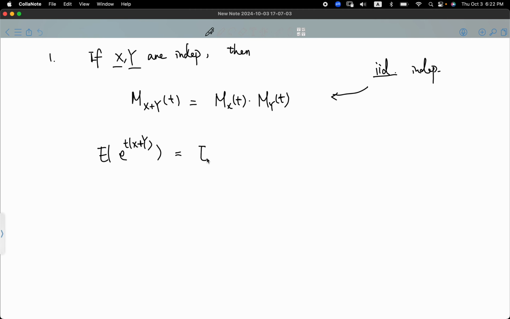This is equal to the expected value of e to the tx multiplied by e to the ty. Here we are just using the exponential rule, e to the a multiplied by e to the b equals e to the a plus b. And then since they are independent, we can separate the expectation. This comes from the additional material from the video from week 0.